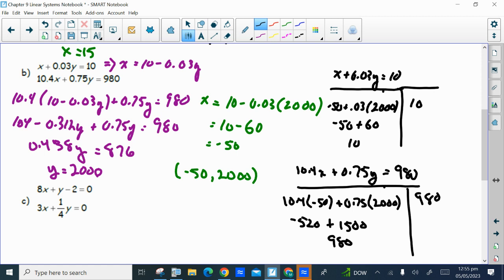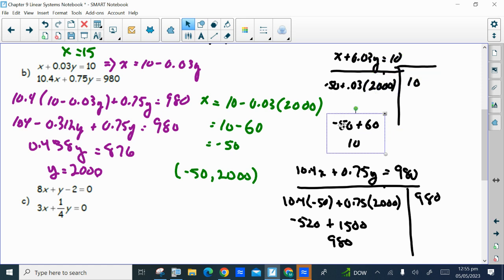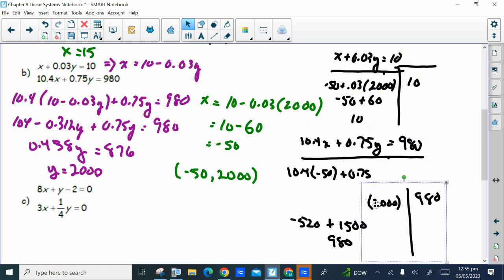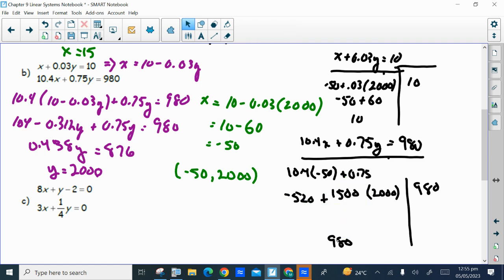So we've just shown that our answer is correct. It checks, right? So it checks.